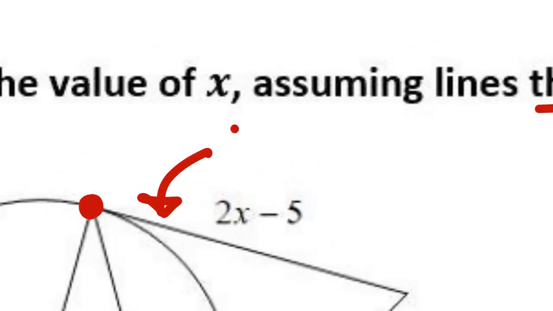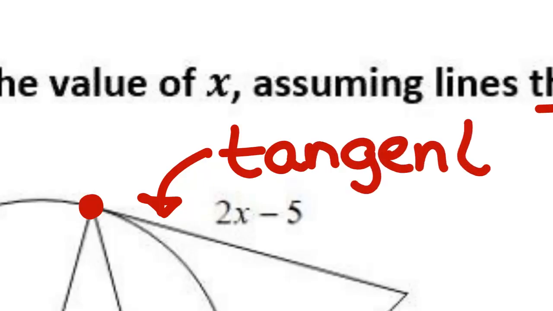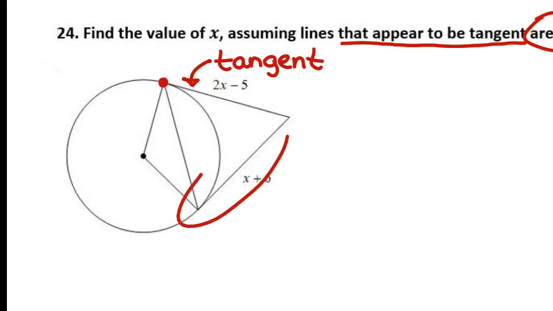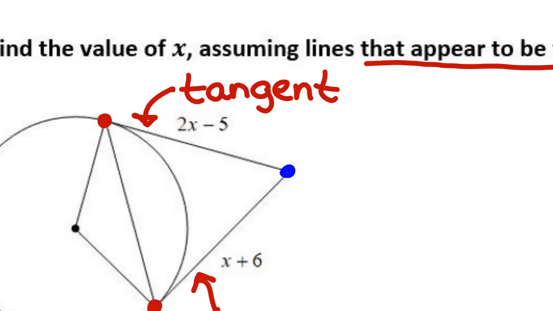This is a tangent. Same thing is true for this line segment down here. It touches my circle in exactly 1 point, so this is also a tangent. Those two tangent lines meet right here in a common endpoint.